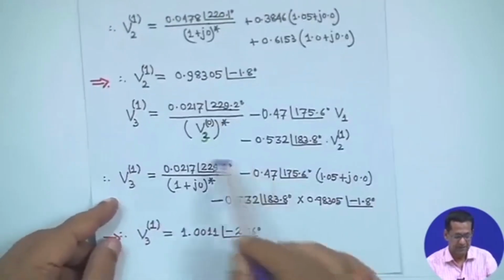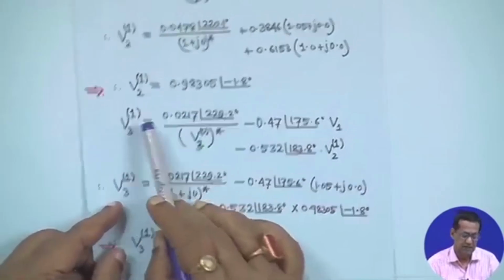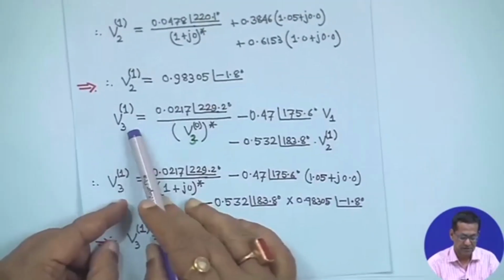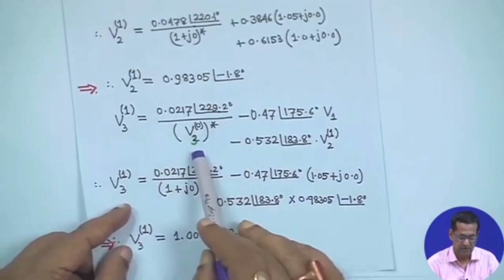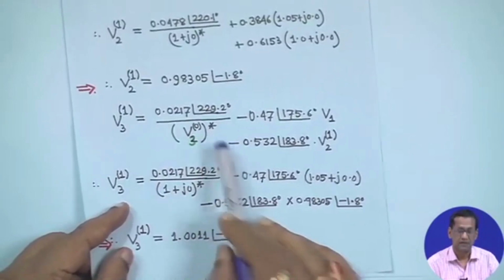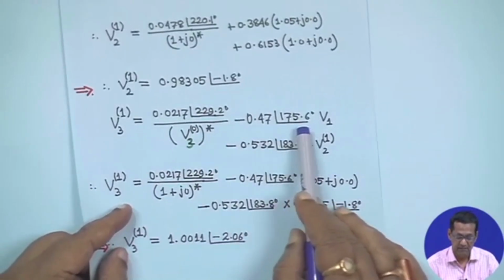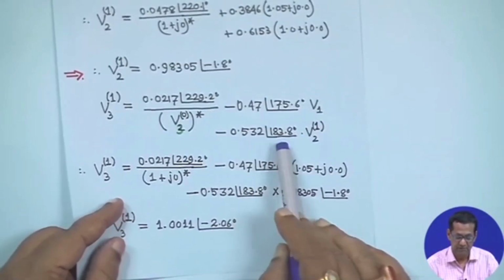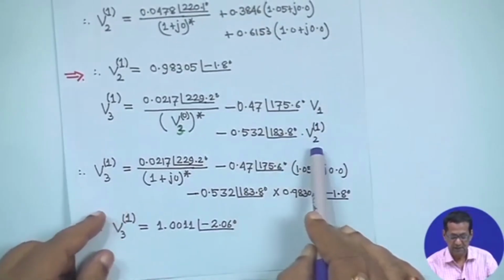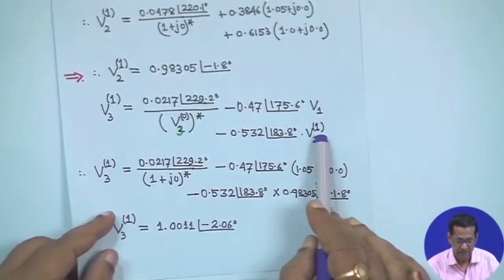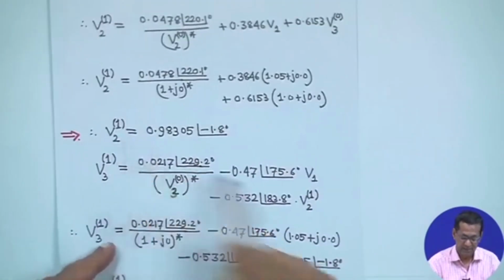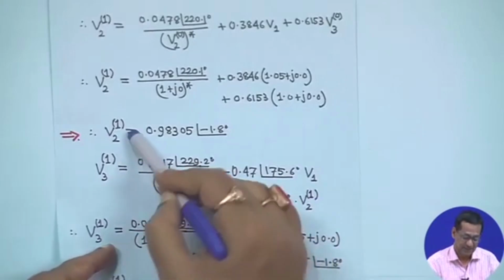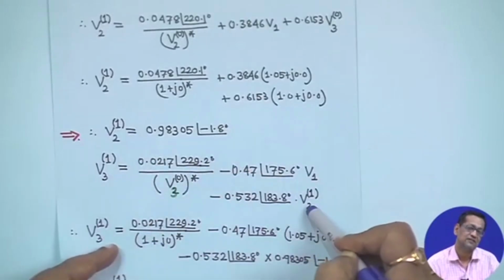Similarly, for V 3 also you put P is equal to 0. So, V 3 1 will be this one, which you have already got, divided by V 3 0 conjugate, right, minus 0.47 angle 175.6 degree V 1, then minus 0.532 angle 183.8 degree, that is your V 2, which is 1 in the first iteration. That means, do not put V 2 0 here, right; the immediate value should come in the next equations.